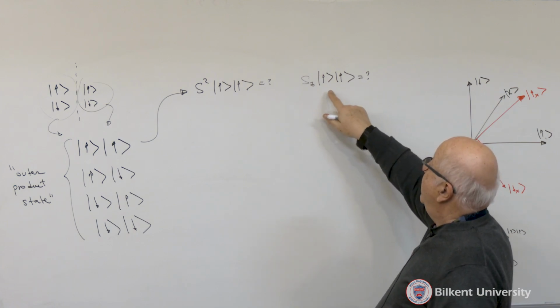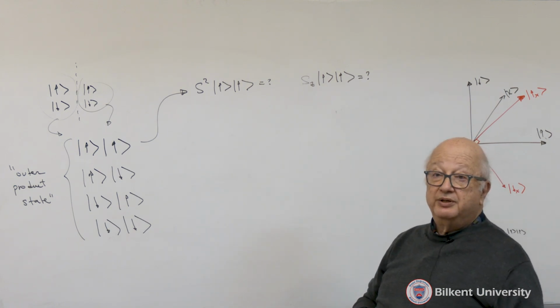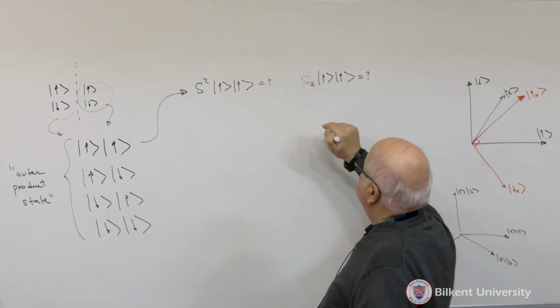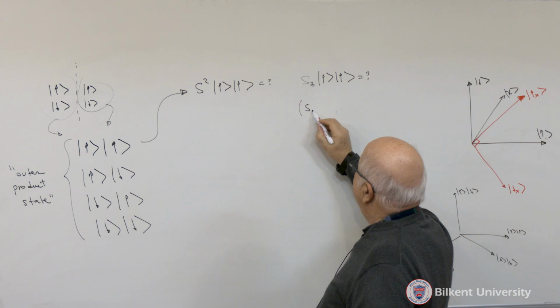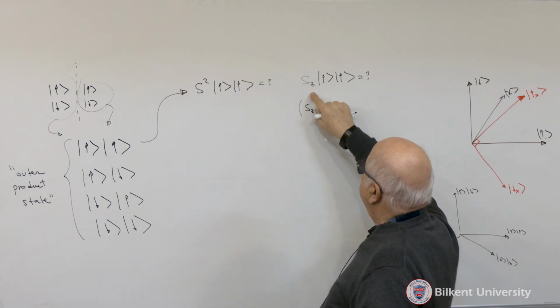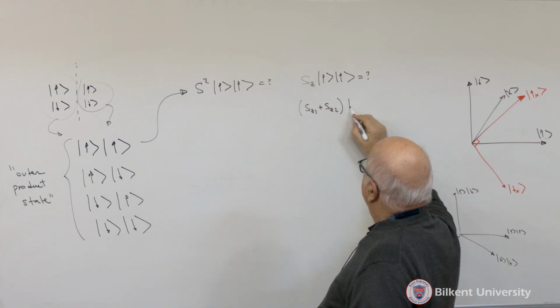Now, this is actually easier, so let's just start with that. What is Sz operating on this? So what is this? This is Sz1 plus Sz2, right? Operating on up up.